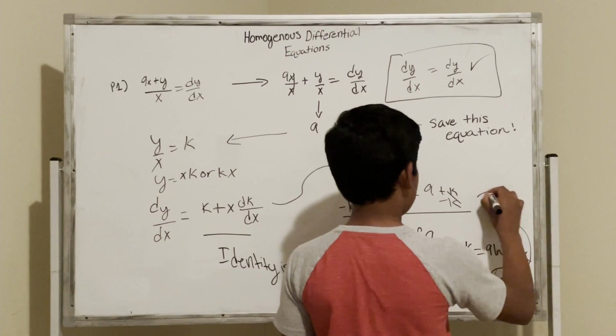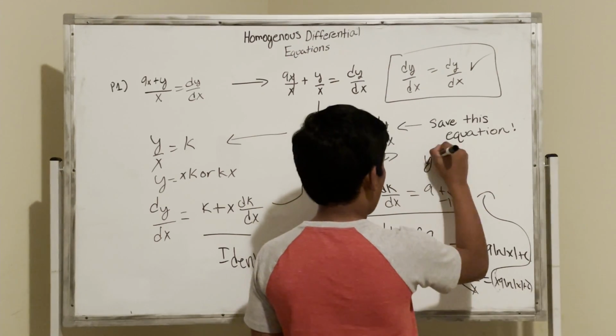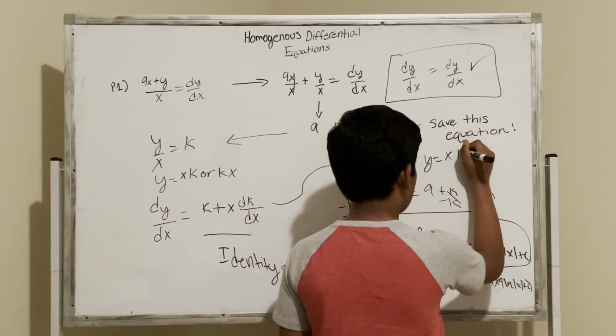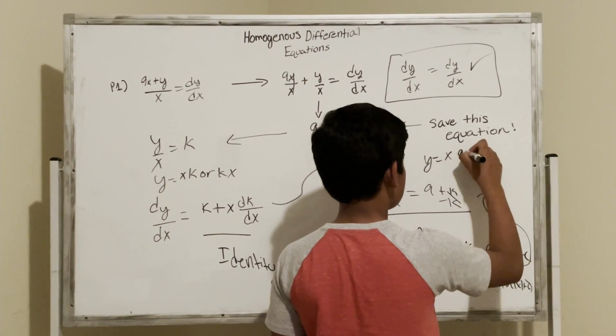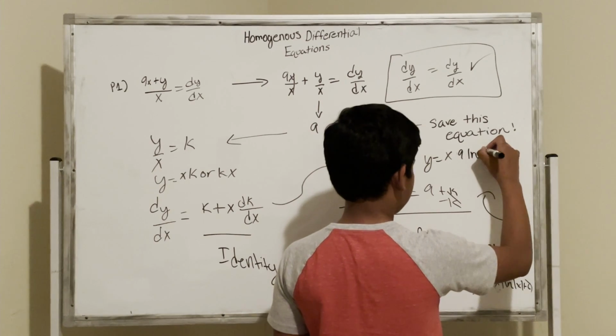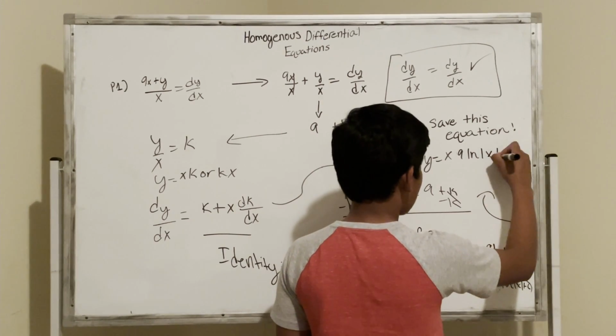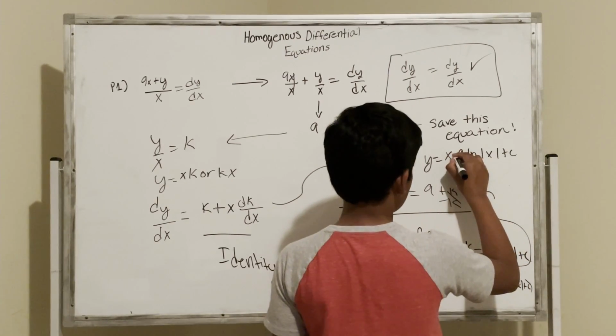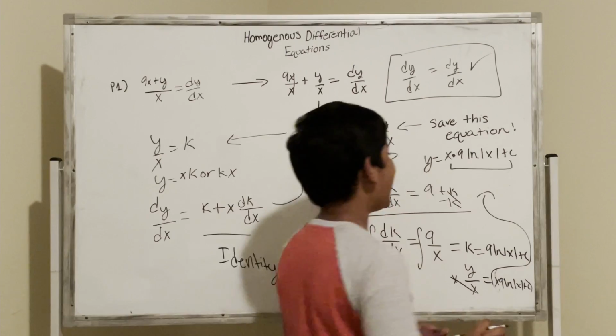So if we write it over here, our answer is y is equal to x times 9 the natural log of x plus c. So this essentially will be our answer.